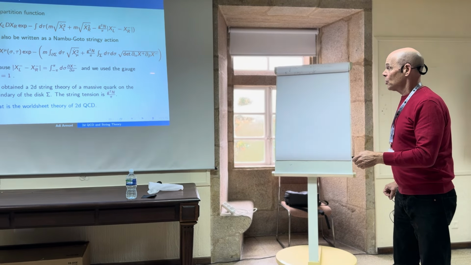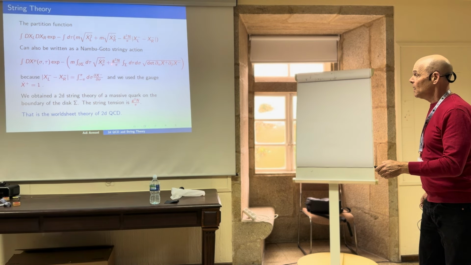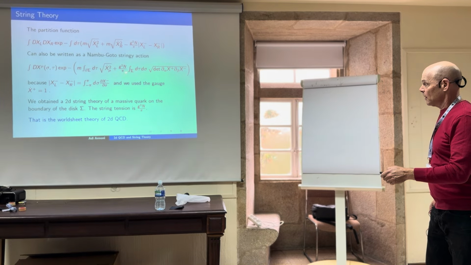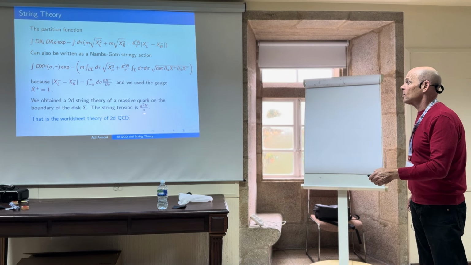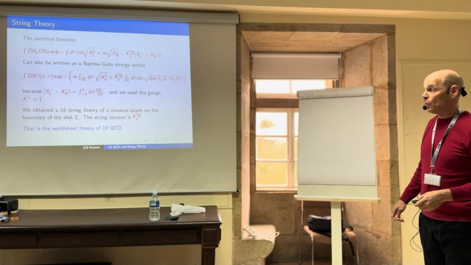So that's my worldsheet theory. That's our worldsheet theory. It's not a CFT. It is a string. It has a particle part. It has a stringy part. The string has this string tension.